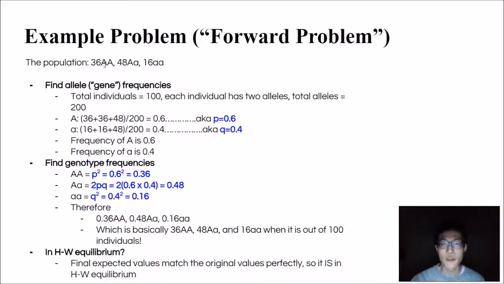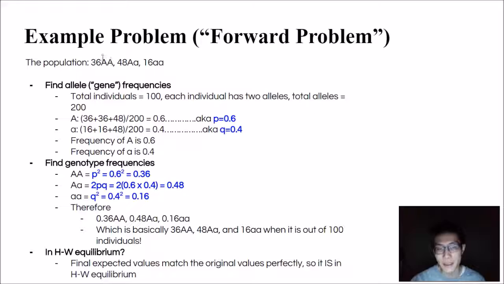So we have 2 different alleles available, big A and little a. Big A can be solved by doing this. Little a can be solved by doing this. So let's walk through it. First of all, we have big A. There are 36 big A big A individuals, which means there's 36 big A and 36 big A. Think about that for 1 second.